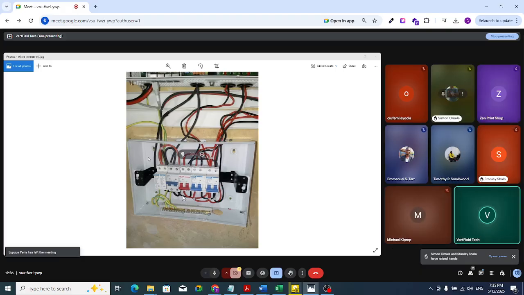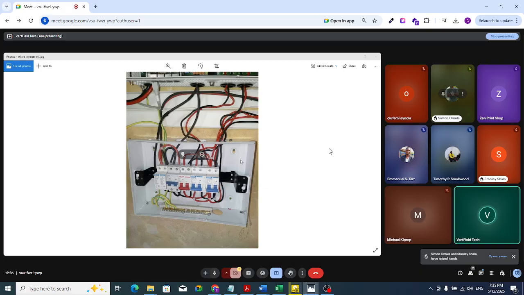All right. So what you are seeing here is a protective device or box, or your safety box, or your PV box, as you wish to call it. In it, you can see the various safety components I mentioned earlier.